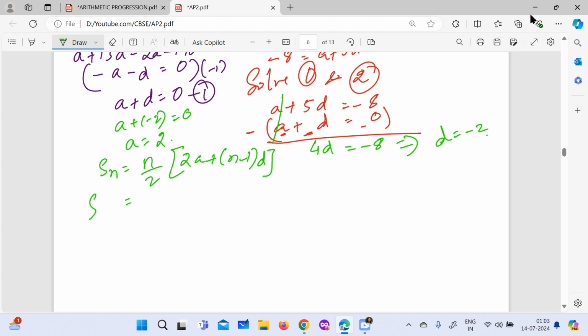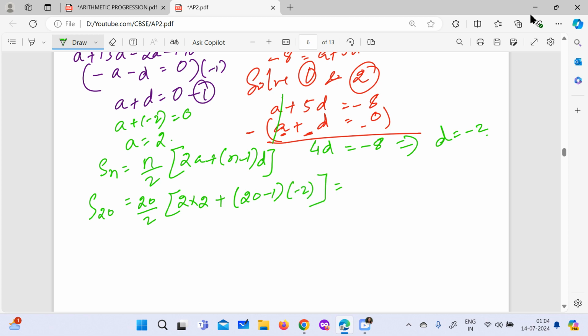So we can write S20 equals 20 over 2 times (2A, and we got the value of A, that is 2, so 4, plus 19 times D, and D value is minus 2).